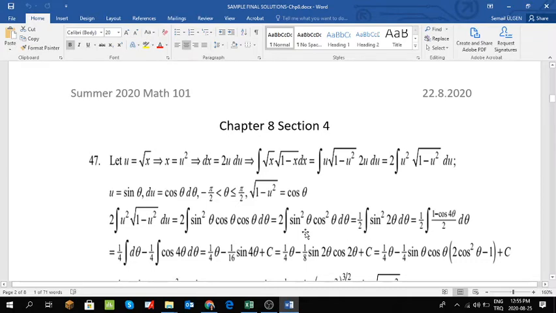The double angle formula says 2 sine theta cosine theta is actually sine 2 theta, but we multiply by 2 and divide by 2, we get 4 times sine squared theta cosine squared theta. This is the same as the square of sine 2 theta, okay?